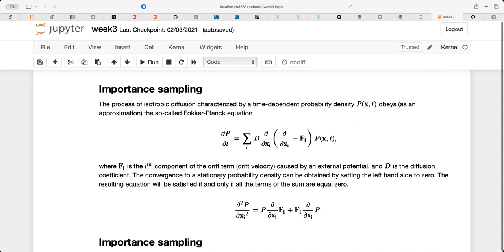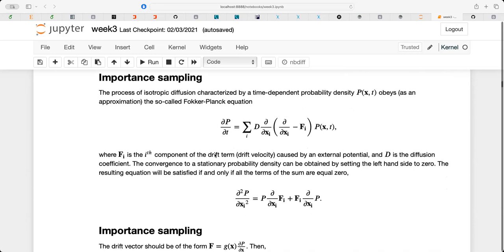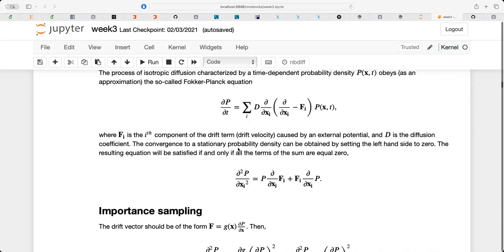Now, the convergence to a stationary probability can be obtained by setting the left-hand side to 0. This is the steady state requirement. So dP/dt becomes 0 because you get a probability which is time independent. And that means the only way you can fulfill that is to have this relation here equal to 0. That puts a condition on the form of this F.